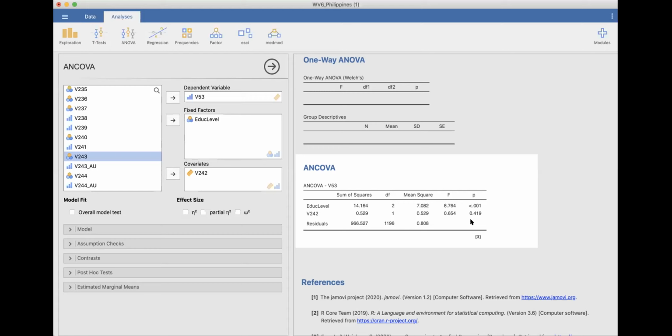And in ANOVA, we would need post hoc tests when the overall F is significant to tell us the relationship between the various groups, which groups are significantly different from each other.